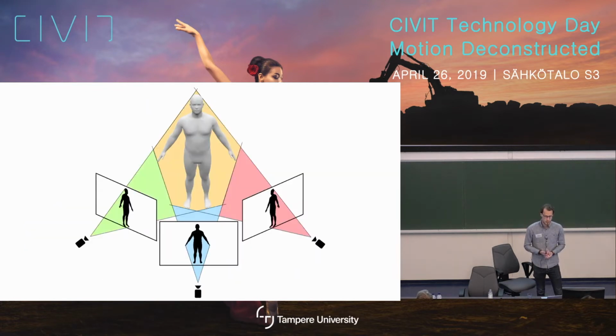For this, we revisited an old technique, namely the visual hull. So what is a visual hull? In a visual hull, you take pictures of an object from various angles, and then you shoot rays into the scene. These rays then form a visual hull, a 3D shape that you can then use.